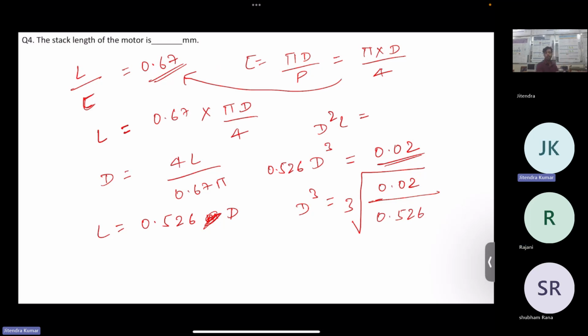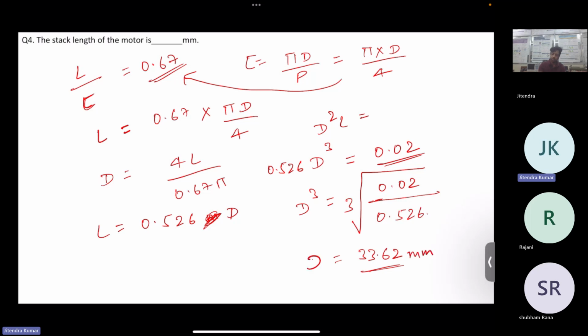How much will it be? One second. 33.62. One second, I will cross verify. 33.62 mm, sir.